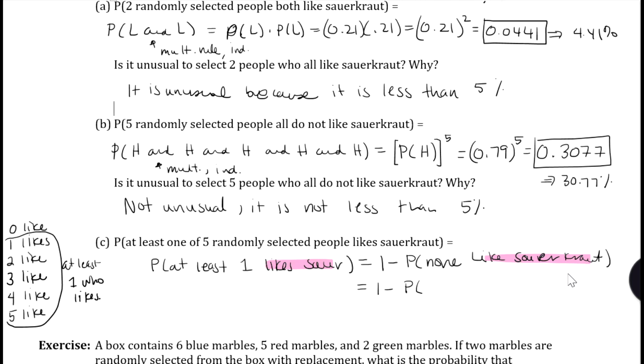If none like sauerkraut, then all of them hate sauerkraut. Okay, so we have 1 minus what we figured out here in part B. So it's going to be 0.79 to the 5th, so it's going to be 1 minus 0.3077, which ends up equaling 0.6923.